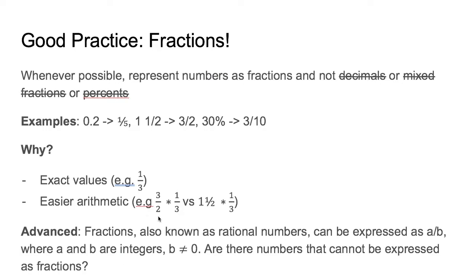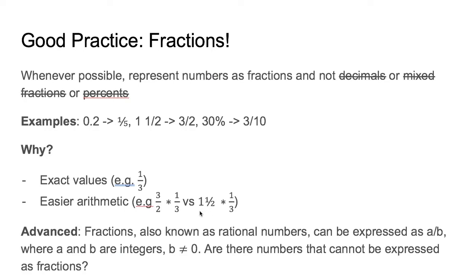For example, if I have an expression like 3/2 times 1/3, I can see here that we can cancel out the 3 on the numerator with the 3 on the denominator of the second factor. However, if I had this as 1.5 times 1/3, it's harder to see that I can cancel the 3 from the numerator and denominator because I don't have a 3 in the mixed fraction here.